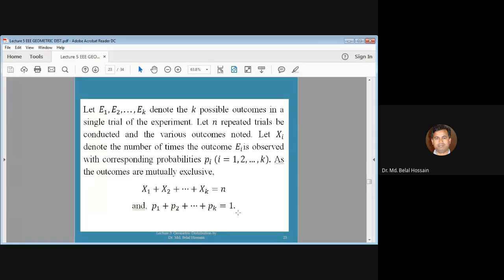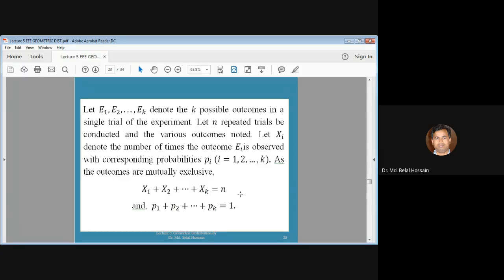Like before in binomial distribution, we have p plus q equals 1. Here we have k possible outcomes. The probability of E1 is P1. The probability of the outcome E2 is P2. The probability of the outcome Ek is Pk. So the sum of all these probabilities is 1.